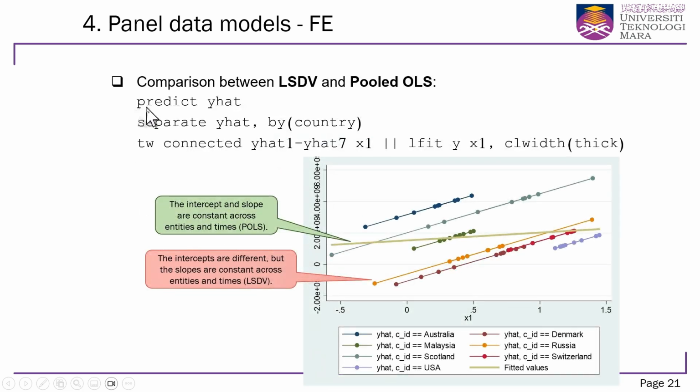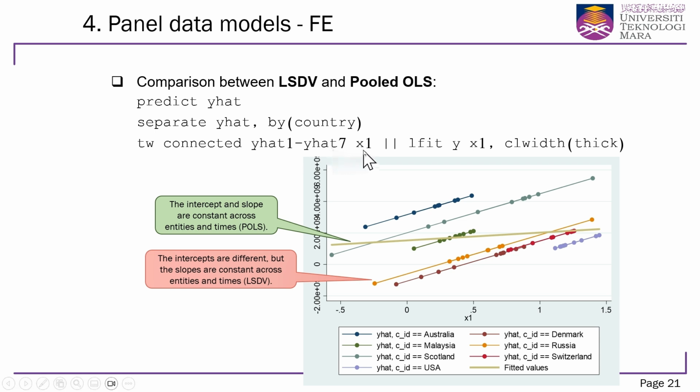So you can copy this command and put it into Stata. Predict y hat is to predict the y value from the LSDV estimation. And then we separate the predicted y according to countries. And then we do a two-way graph, and we connect all the y hat 1 until y hat 7, the specific country predicted y.